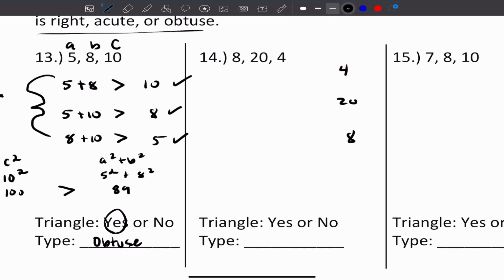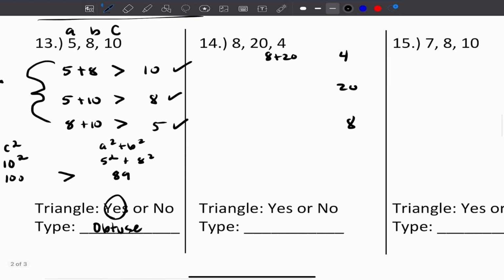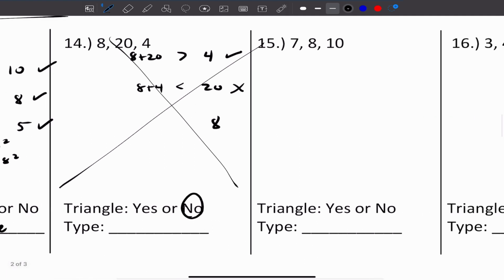So since 4 is my main character, we have 8 plus 20. 8 plus 20 is going to destroy number 4. So check. 20, we have 8 plus 4. Is 8 plus 4 greater than 20? Absolutely not. 8 plus 4 is less than 20. So this does not check out. No, you cannot form a triangle with this one.